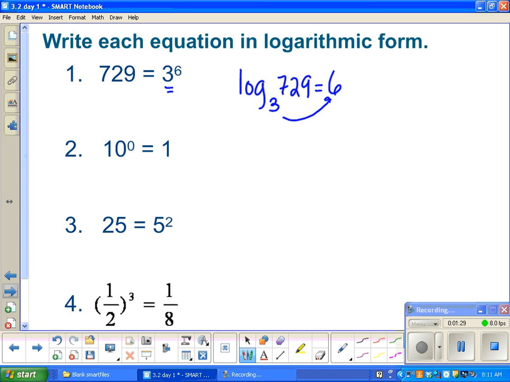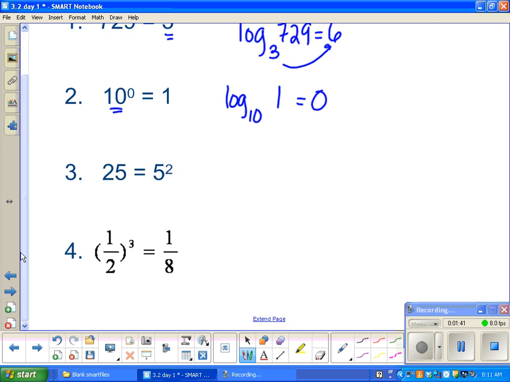The idea applies the same here. Base 10. 10 to the 0 power equals 1. Match the base. 5 to the 2nd power equals 25.